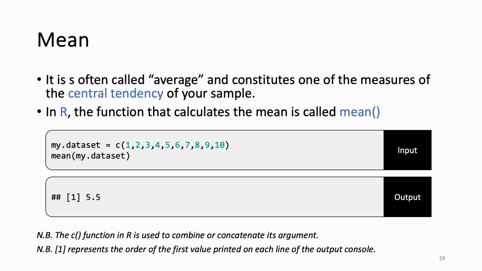Here we have an example. As input, you have my dataset, which is a set of different numbers. Then you call the function mean and pass my dataset as the input parameter, and the output is provided by the interpreter: 5.5.